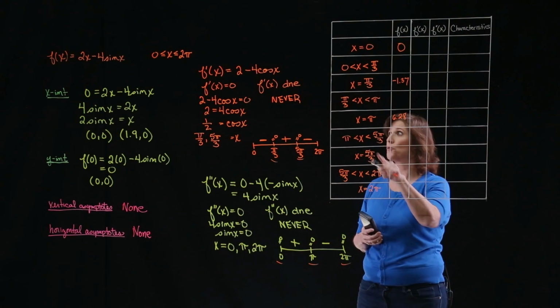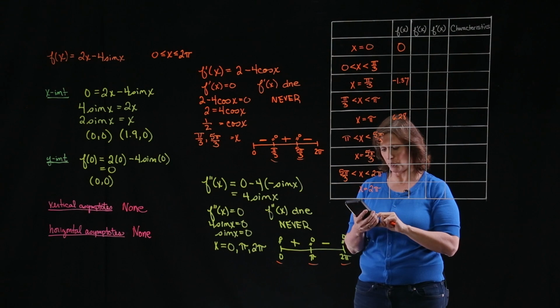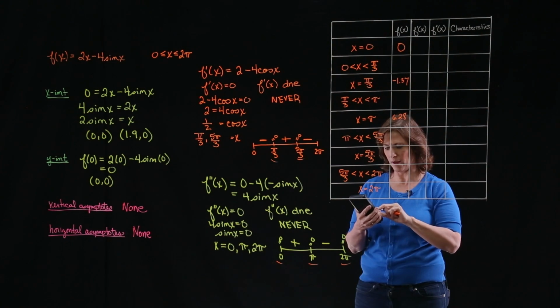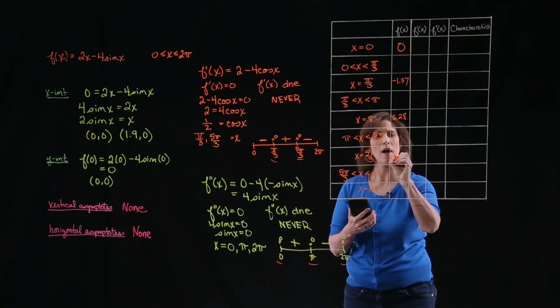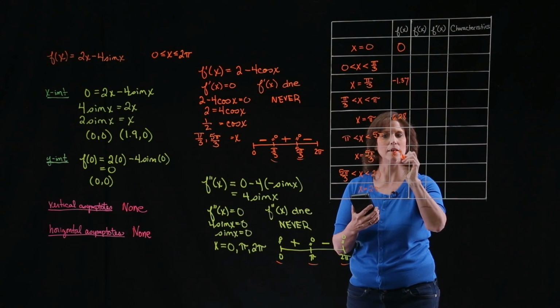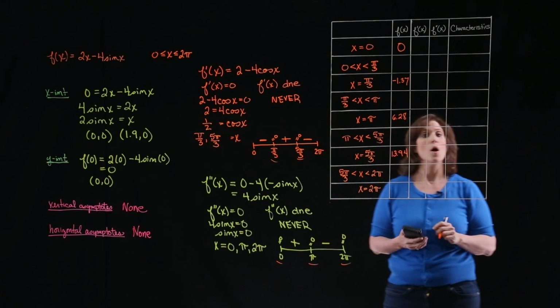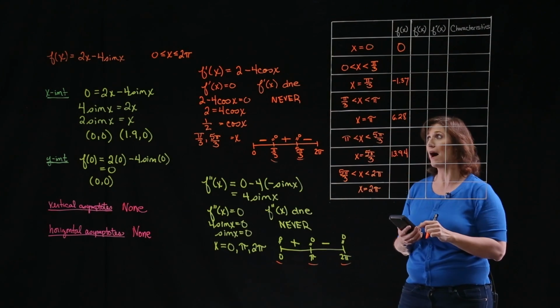I have to plug 5 pi over 3 into my function. So 2 times 5 pi over 3 minus 4 times the sine of 5 pi over 3. And that's going to be approximately 13.94. Okay. One more, I need to plug in 2 pi.